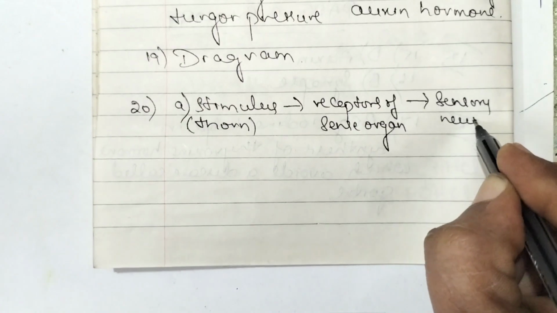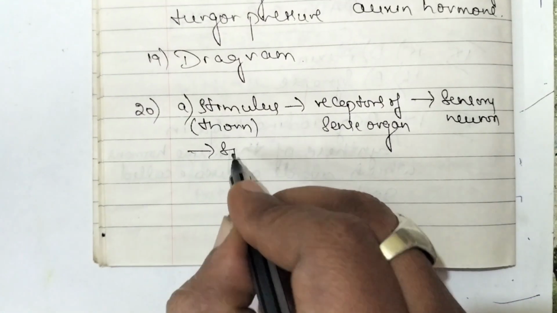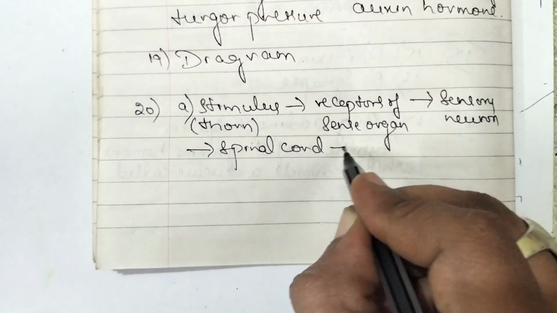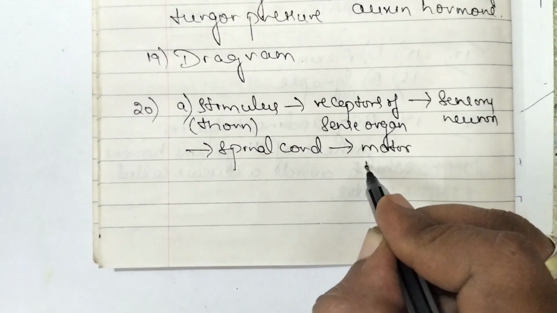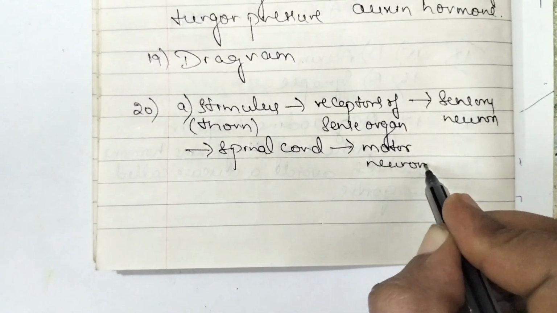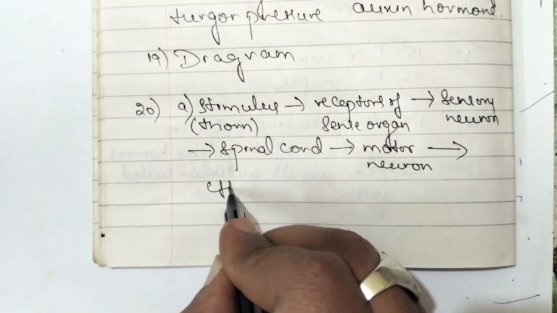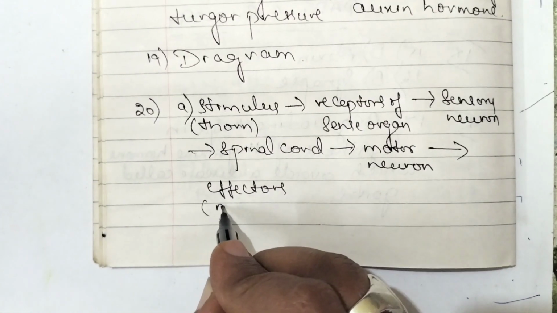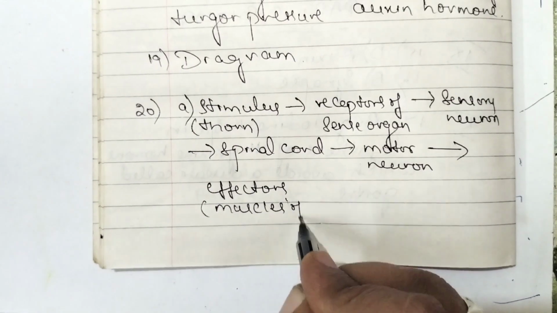Through the sensory neuron, the information moves to the spinal cord. The spinal cord will receive the message and give it to the motor neuron.